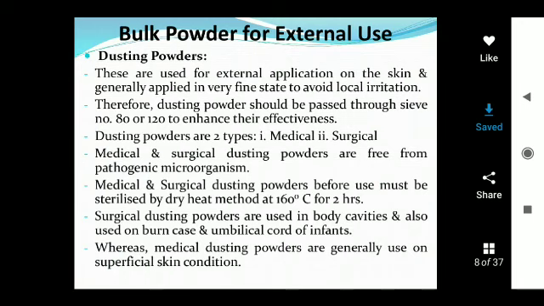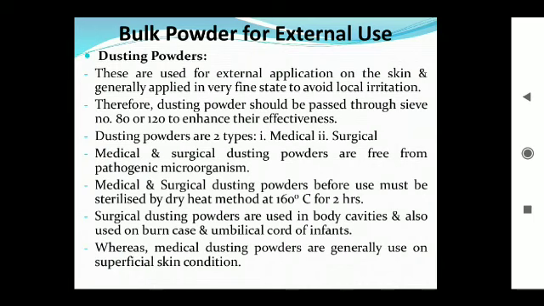For removal of pathogenic microorganisms, sterilization is used. These can be sterilized before use by dry heat sterilization at 160 degrees centigrade for 2 hours.